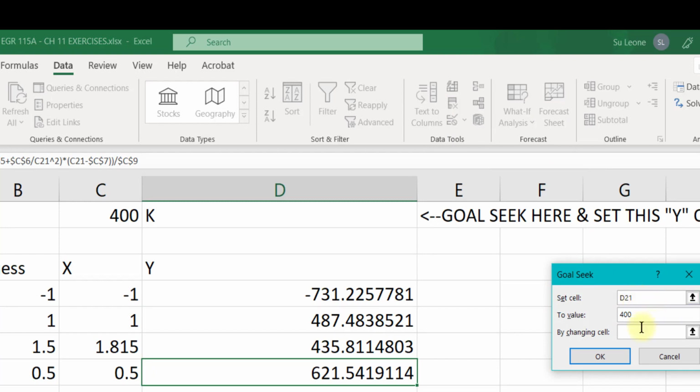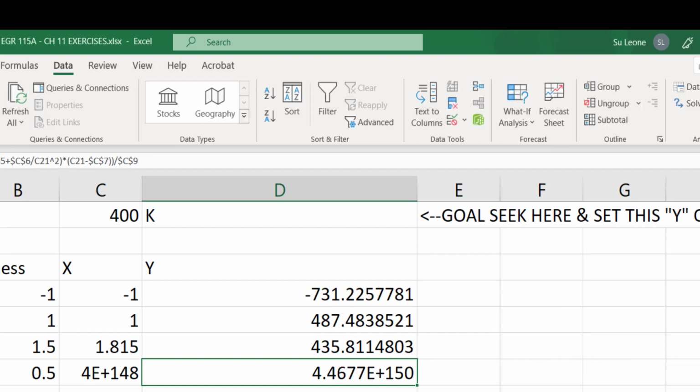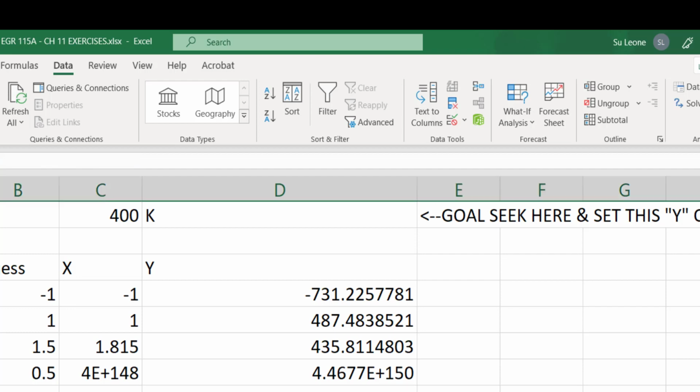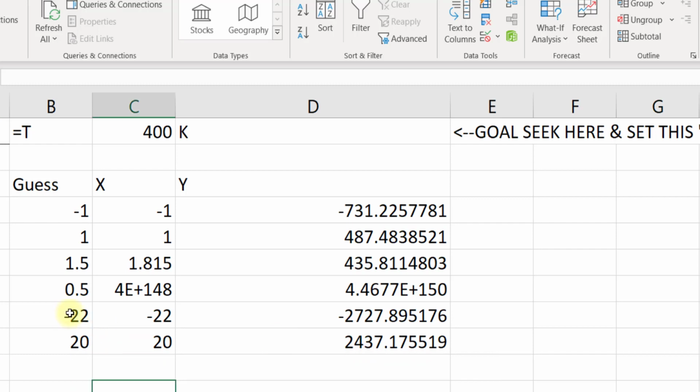Again, our target is the known temperature, and then we want to find the volume that would result in that temperature that we know for a fact. Again, it may not have found a solution because it needed more iterations. So we're pretty close to the answer.